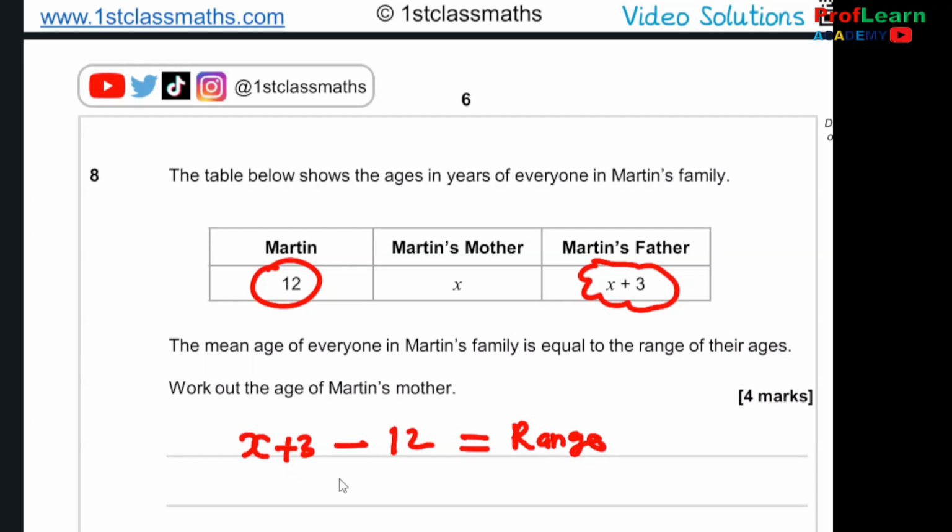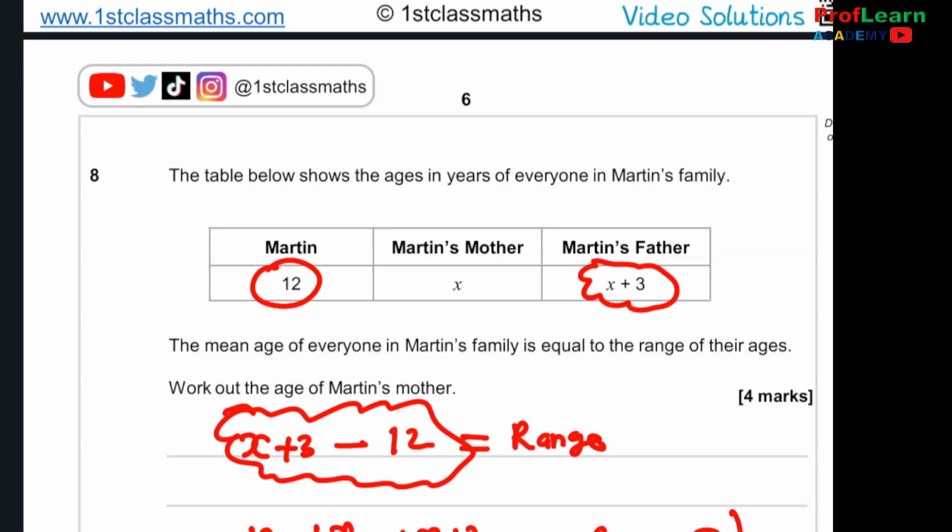And then the mean, you are told the range equals to the mean of everyone. So mean is usually we add 12 plus X plus X plus 3 divide by the number of people we have here, and this must be equal to the range, which is X plus 3 minus 12. Actually, I should reduce this. It will be X minus 9.